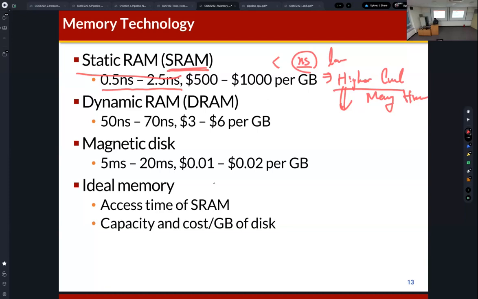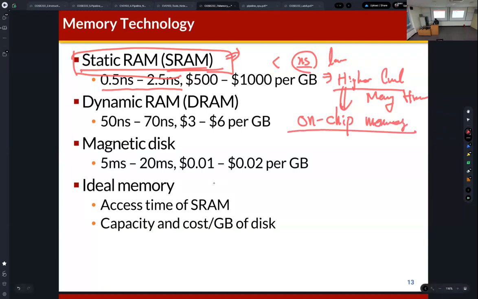So the CPU chip includes the SRAM. SRAM is used for the on-chip memory. On-chip memory means that this is the memory inside of a chip.